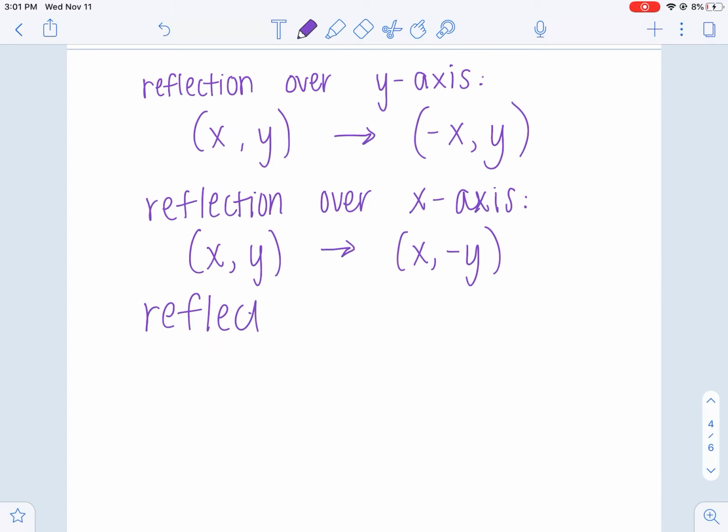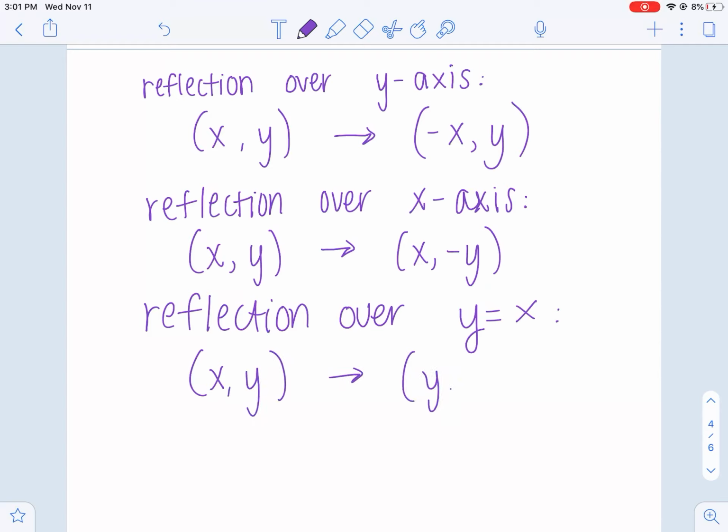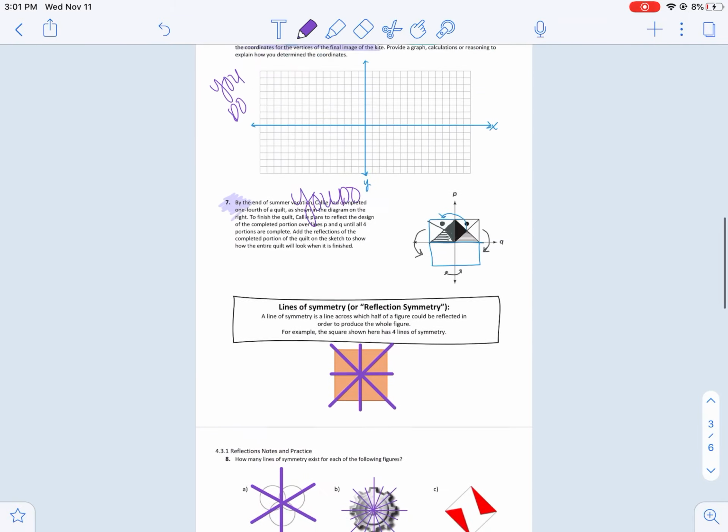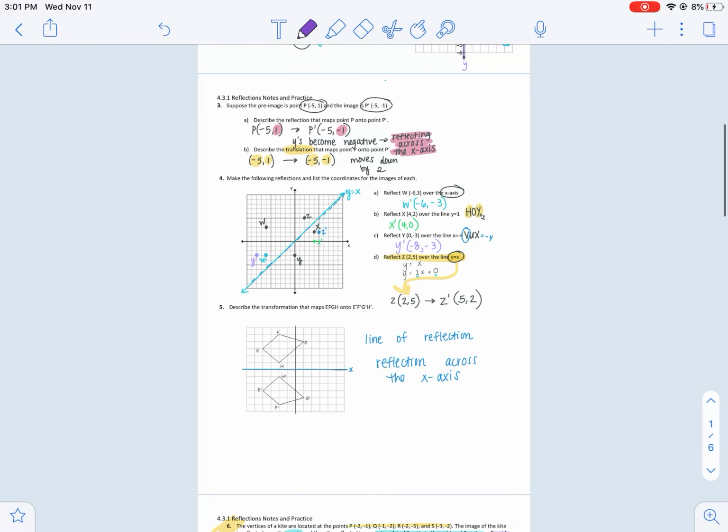A reflection over y equals x: x comma y actually gets flipped and the new coordinates are flipped, with x comma y becoming y comma x. Cool? Hopefully those rules help you with completing these reflection problems.